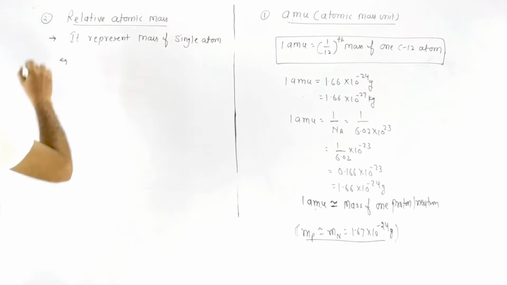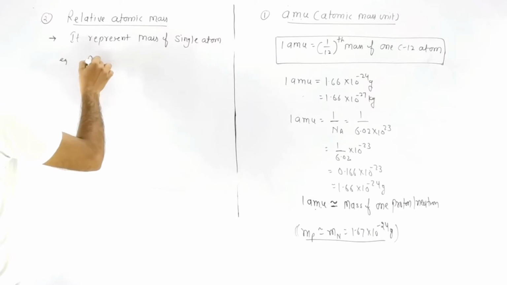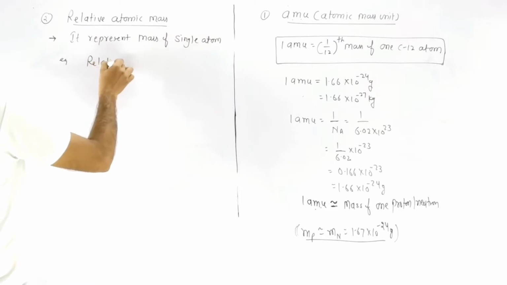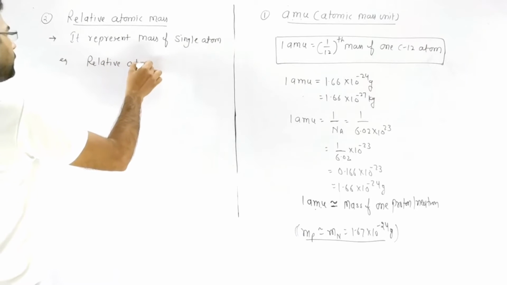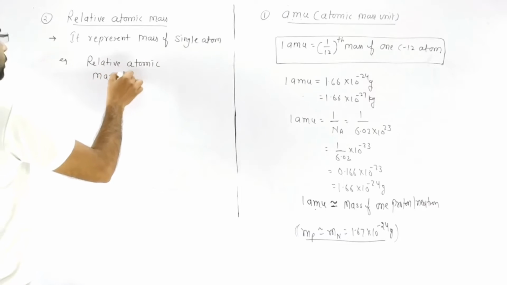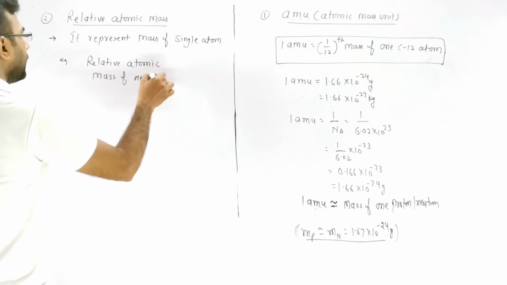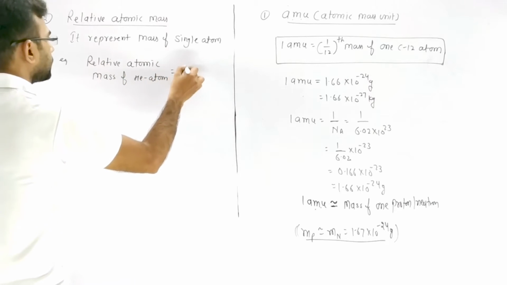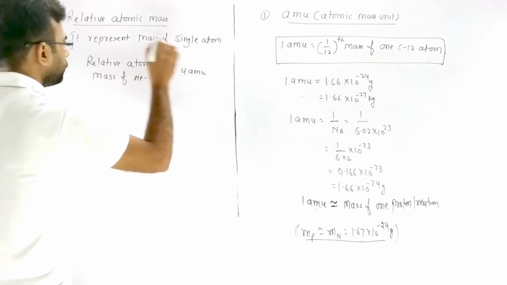Like we have an example: the relative atomic mass of a helium atom is 4 AMU.